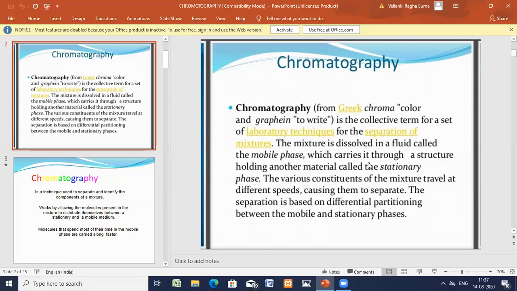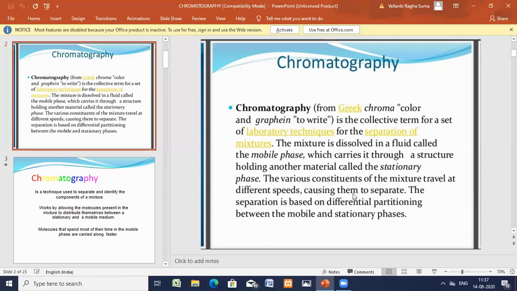The mobile phase carries the mixture through a structure holding another material, called the stationary phase. The various constituents of the mixture travel at different speeds, causing them to separate.